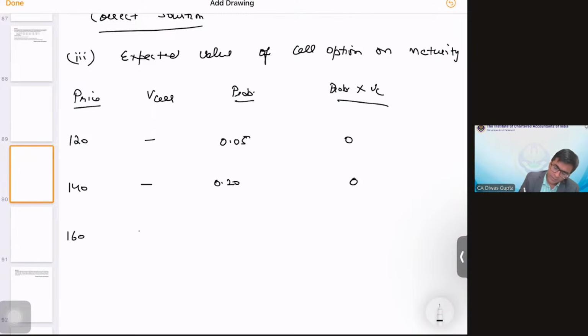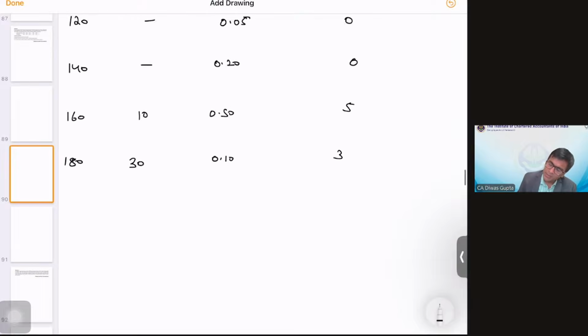At 160, the value of call option becomes 10. The probability is 50%. 50% on 10 becomes 5 rupees. This is what the value of call option is. At 180, the value of call option is 30. 10% of 30 is equal to 3 rupees.